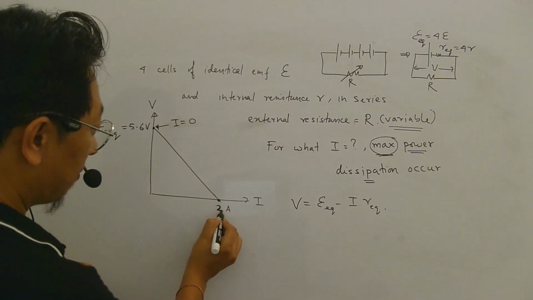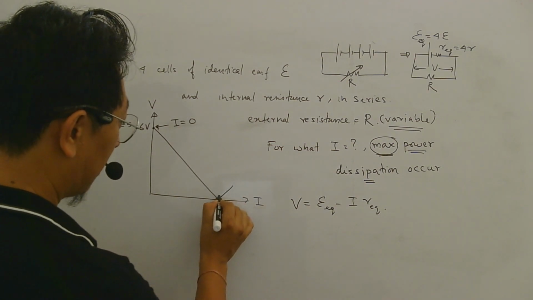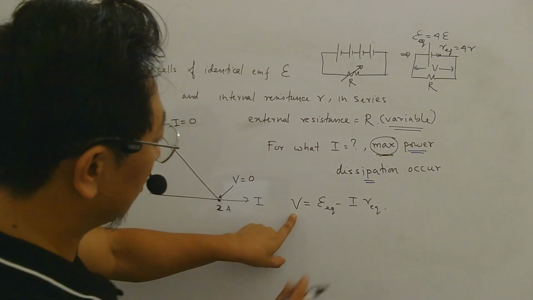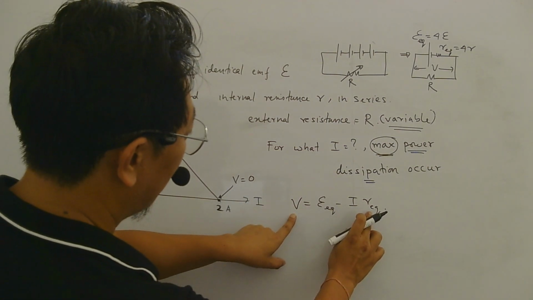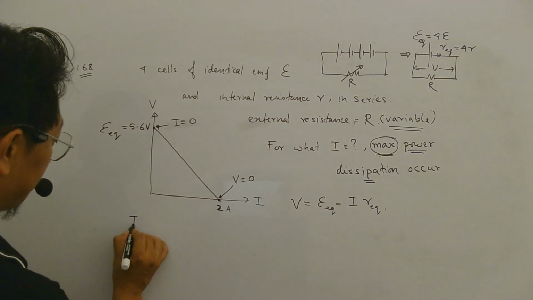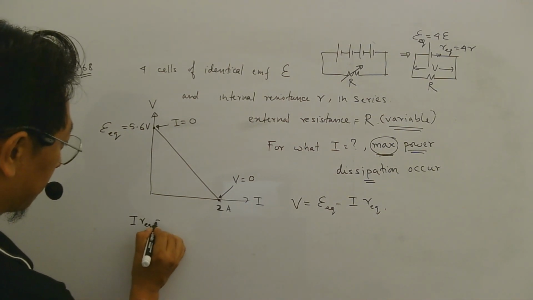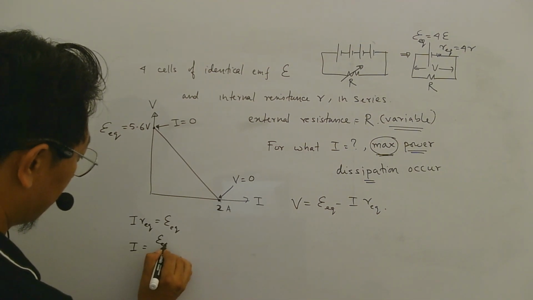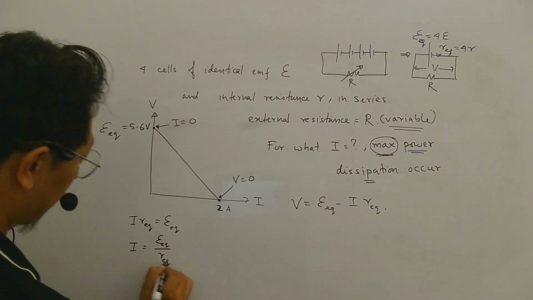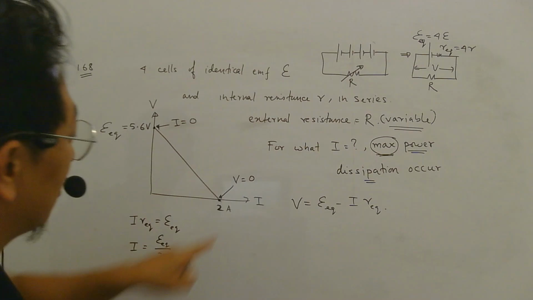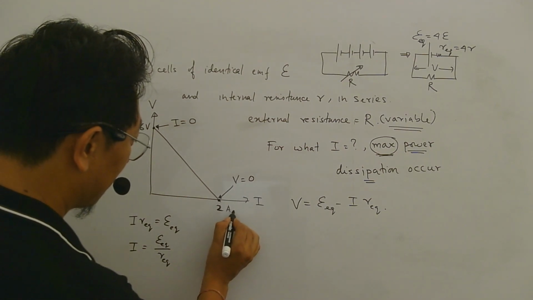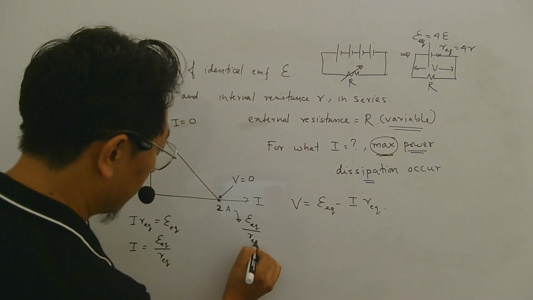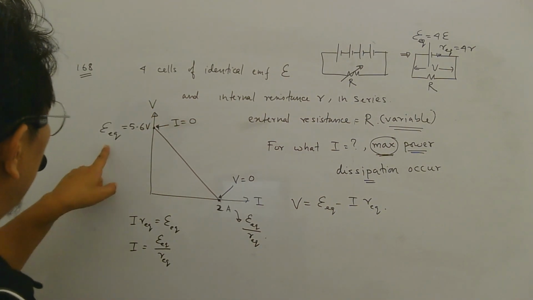Similarly, this 2 ampere represents what? Well, at this point your V is 0. So if V is 0, I into R equivalent should be E equivalent. Right? So what will be current that time? E equivalent by R equivalent when V is 0. So this number is nothing but E equivalent by R equivalent. So E equivalent we got.